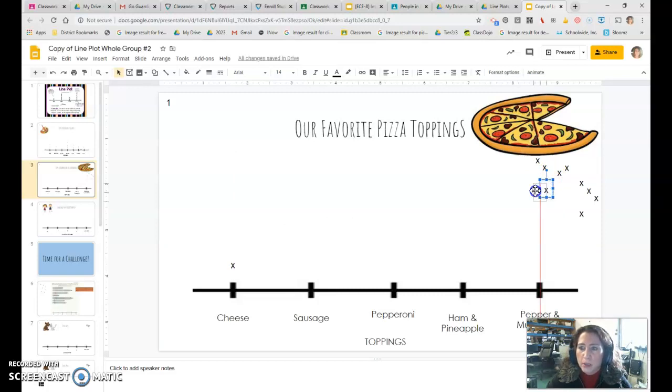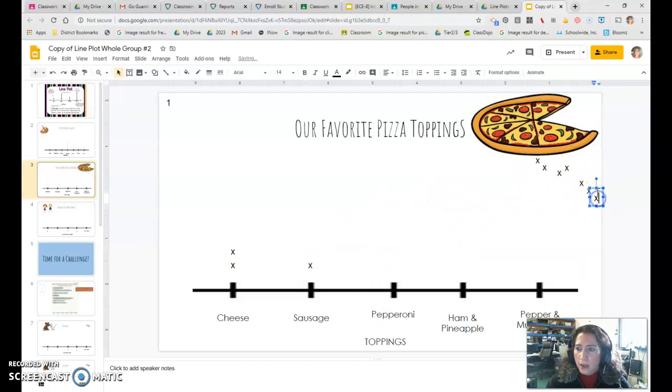Okay, so I'm going to pick my X's and move them over. Sometimes you'll be drawing them out, or in this case we're just moving them. I had 1 person like sausage. I have 3 people like pepperoni. That's one of my favorites, I know. I think some of you like pepperoni too. And hang on a second, if I can move that over a little bit.